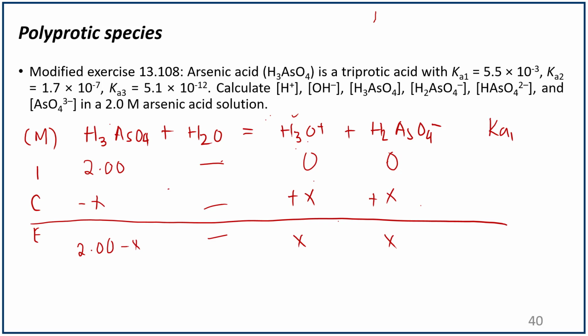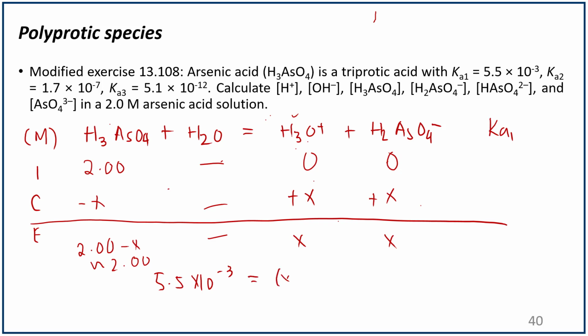Okay, we can write next an expression for Ka1, but let's make this calculation simpler first by assuming that this is actually just equal to 2 molar, meaning that x is negligible. Okay, so if we do that assumption, then we're just going to end up with Ka1 is equal to 5.5 times 10 to the negative 3 is equal to the concentrations of the products multiplied by each other.